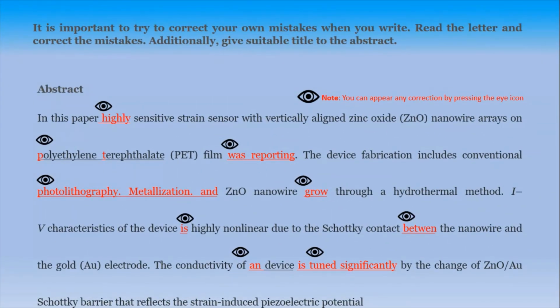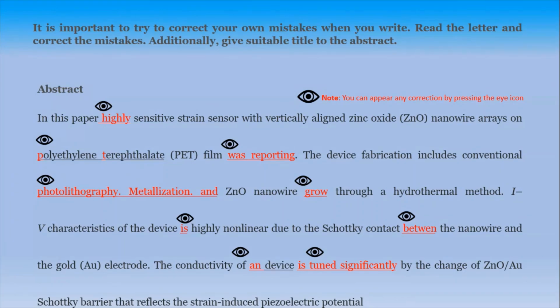Here is an example of a scientific abstract in materials. It is important to try to correct your own mistakes when you write. Read the abstract, correct mistakes, and give a suitable title for this abstract if you can. Here is an example in this paper.